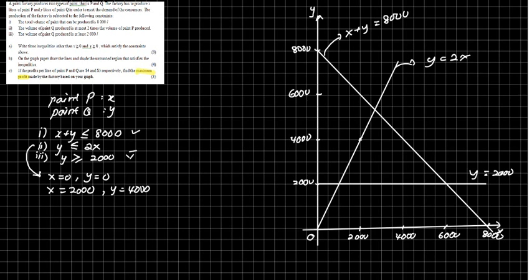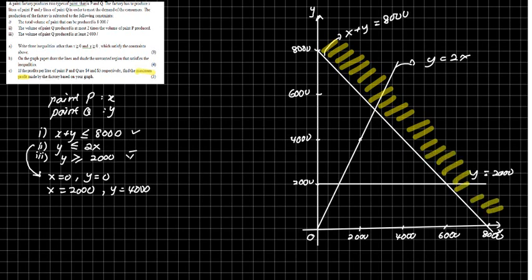For the first one, x plus y less than or equal to 8,000, we shade the area where x plus y is more than 8,000, that means above the line. So this is the unwanted area where x plus y is more than 8,000, above the line.